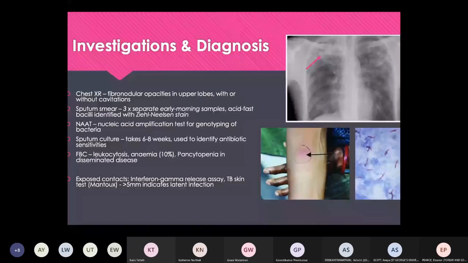That is injection of an isolated TB protein into the skin, and you leave it for a few days, and then you measure the skin reaction. If there's over 5 millimeters of redness and swelling, that's a positive indicator that the person has a latent TB infection.